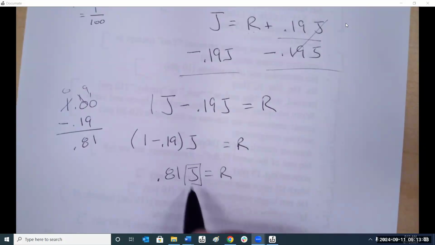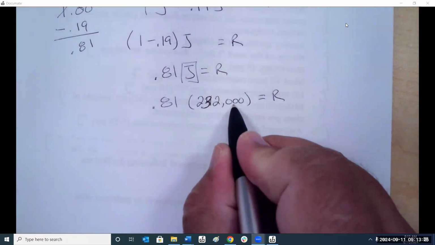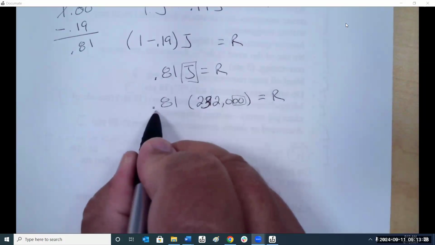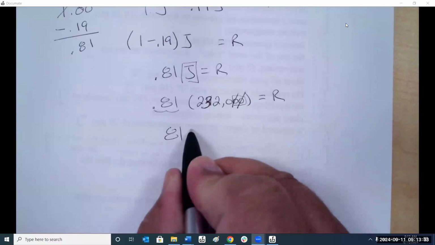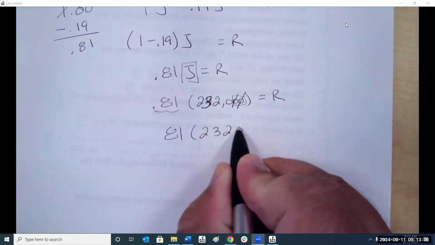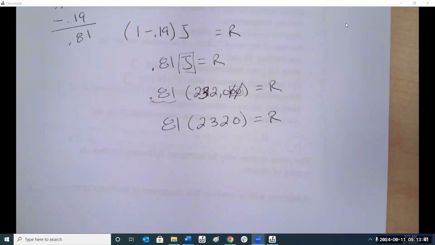So what is J? How many words are in the Japanese language? 242,000. 32, I'm sorry. 232,000. Let's simplify this. Since we have 2 zeros here and we need 2 decimal places, I can get rid of these 2 zeros and make it into 81 times 2320. You don't need calculators to do this stuff. Just know what these numbers mean.